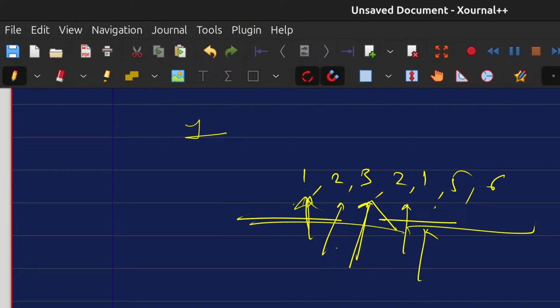So for every center, let's see how far a palindrome we can go from it, right? Here, here. So we should not take any less, right? Because any less will have a smaller sum here, right? So for this we have an algorithm called Manacher's algorithm.